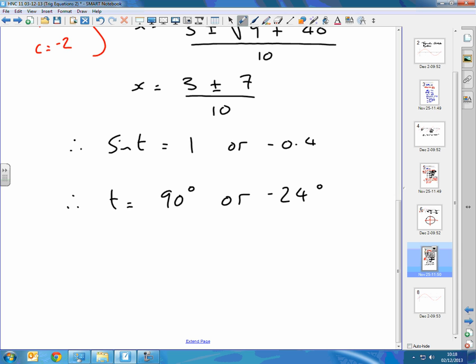So now again, we've got to put these values into the wave function and look for all the angles that will lie within our range of 0 and 360 degrees.